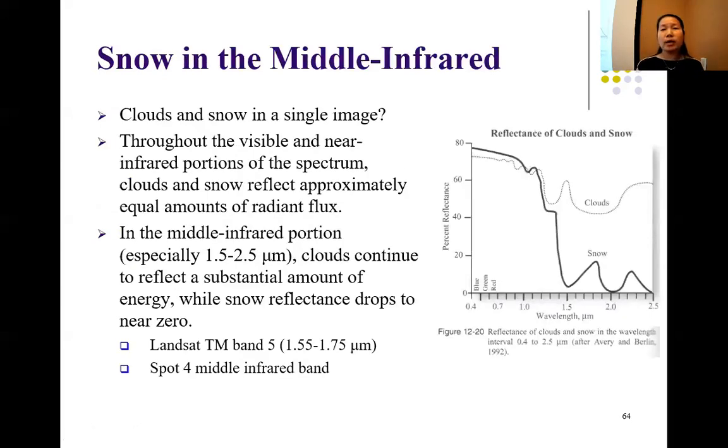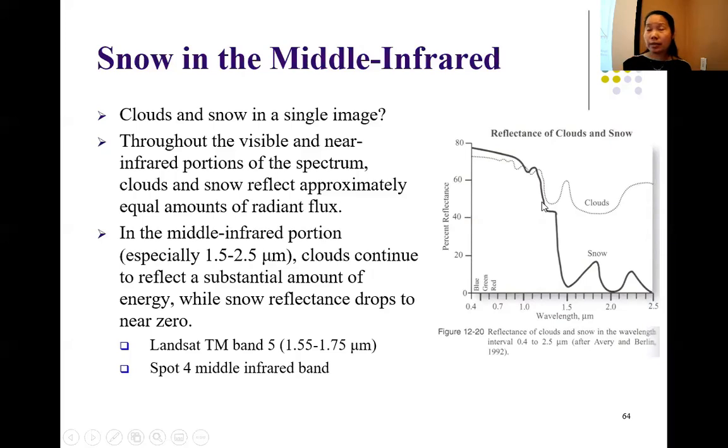The other approach is often to use the middle infrared sensor to map the snow. Again, one of the most common ground features similar to snow is clouds. Here is an experiment showing the spectrum for both snow and cloud.